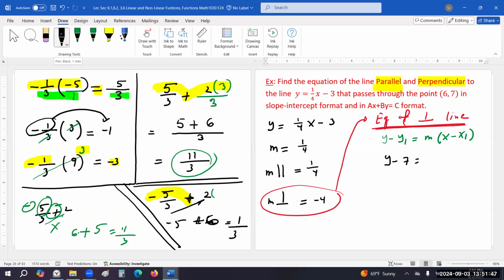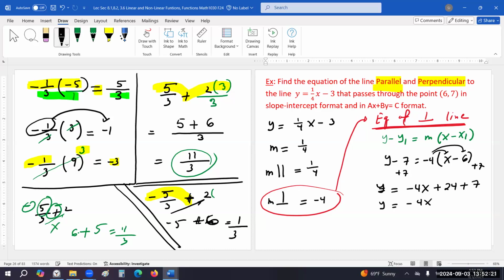I'm doing perpendicular. What is the slope? -4. x minus 6. Perfect. And then what? So we add 7. We get y equals -4x, and then 24 plus 7.